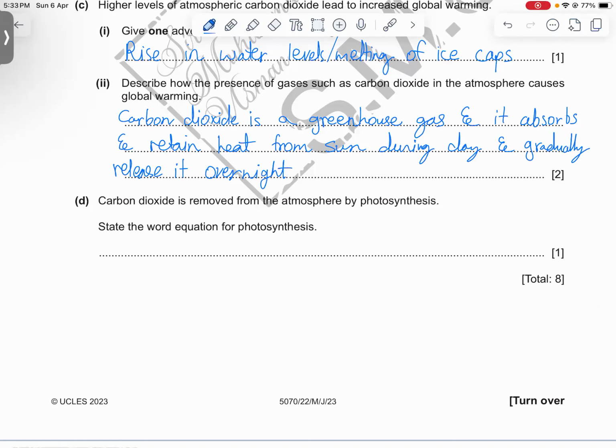Meaning it absorbs heat from the sun during the day, and then it keeps it, and then at nighttime it releases that heat. It releases that heat slowly, right?